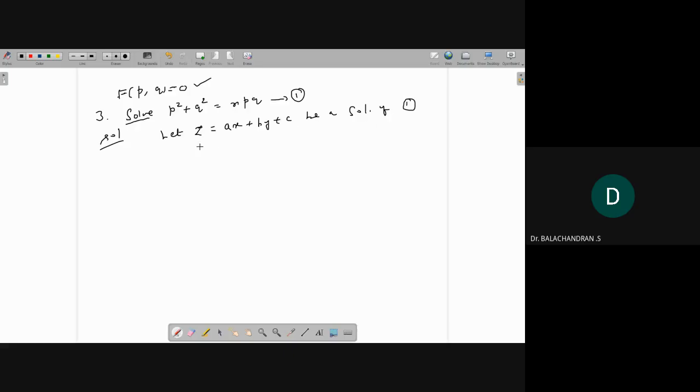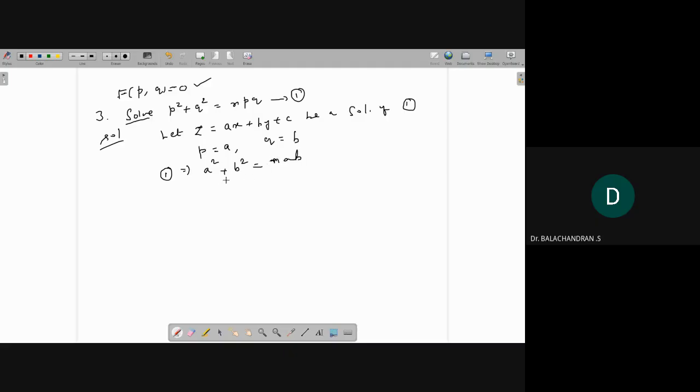Differentiating with respect to x, dou z by dou x, that is p, equals a. Similarly, dou z by dou y, that is q, equals b. If you substitute p equal to a and q equal to b in the first equation, you will get a square plus b square equal to n into ab.